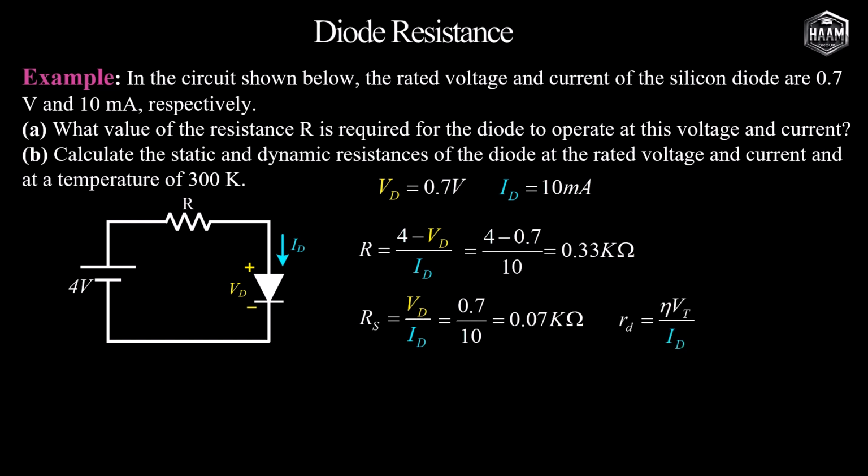And for dynamic resistance, R sub D equals eta times V sub T divided by I sub D, and it can be obtained from this equation, equal to 5.2 ohm.